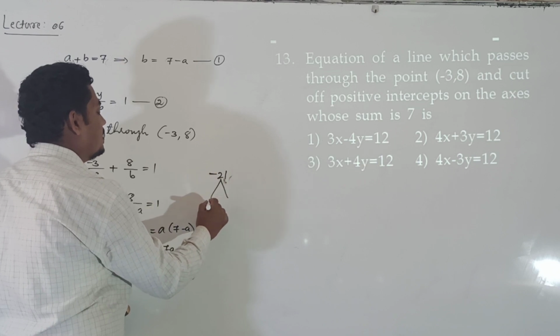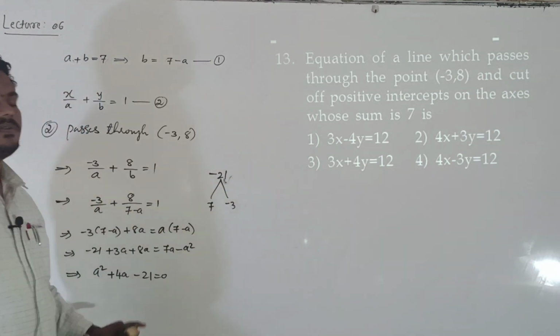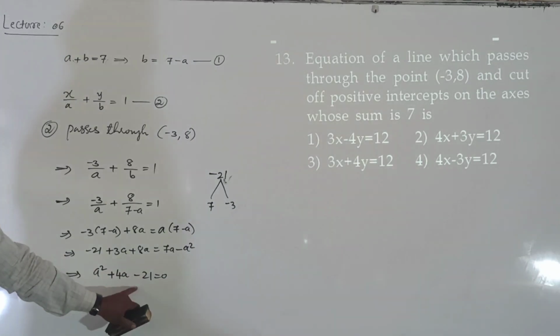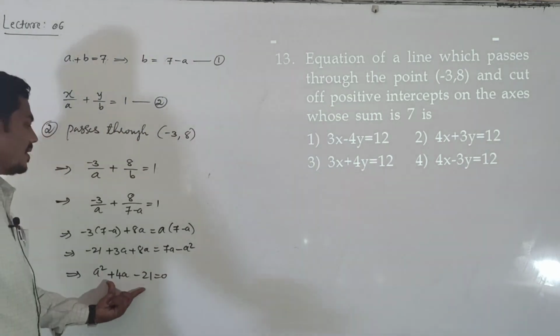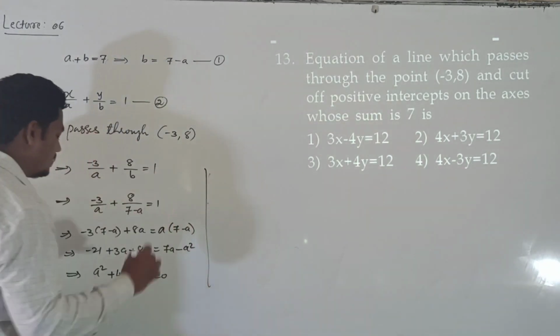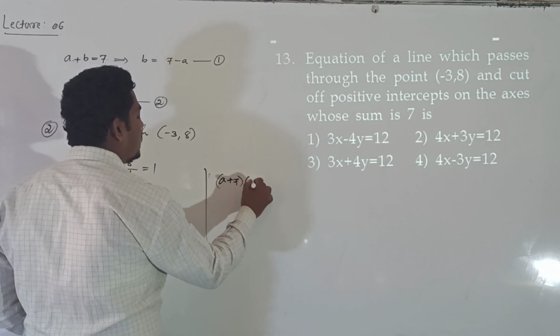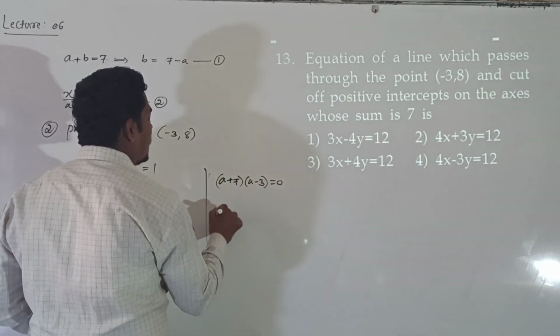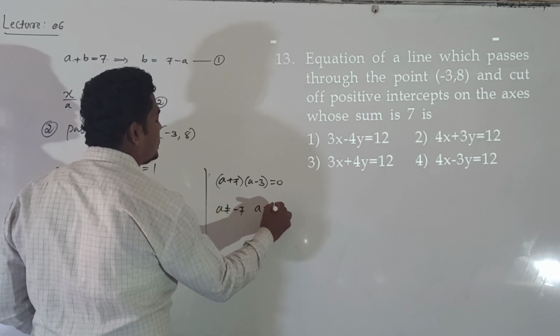Minus 21 means plus 7 and minus 3. If you multiply these two numbers, minus 21. If you add these two numbers, then clearly 4. Means after factorization you get a plus 7 into a minus 3 equal to 0. A is not equal to minus 7, therefore a is equal to 3.